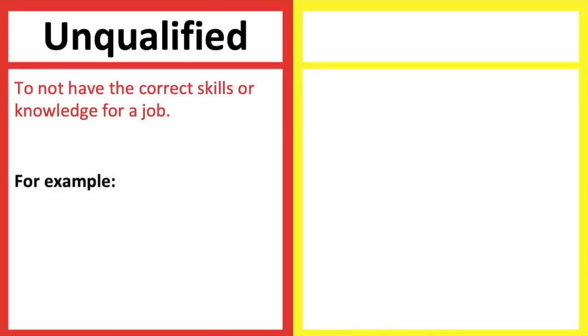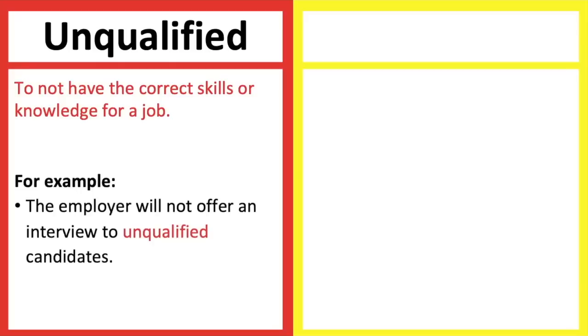For example, the employer will not offer an interview to unqualified candidates. Another example is someone is applying for a teaching job, but they don't have a degree or the correct qualifications, then we can say that she is unqualified for the job, or he is unqualified for the job.